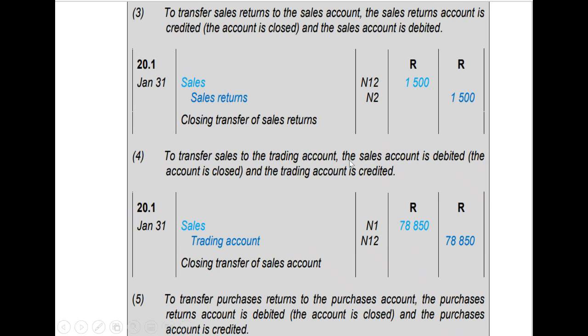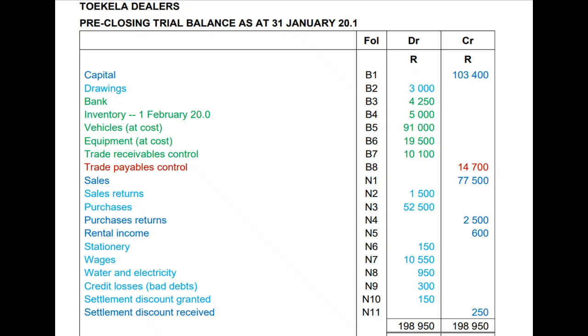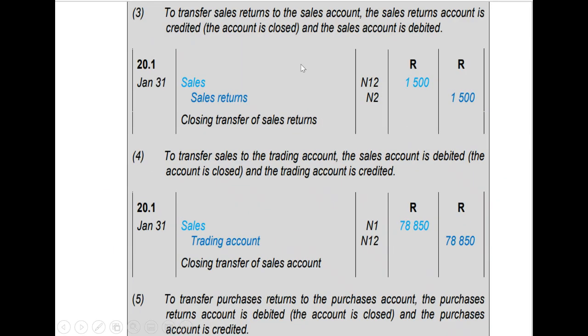Again, I also explained that you need to close off your sales returns to where? To your sales. So it means your sales need to be reduced by your sales return. How do we do that? We need to debit the sales and then we credit what? The sales return. When you credit the sales return, it will be zeroed out. That's what I'm trying to show here.